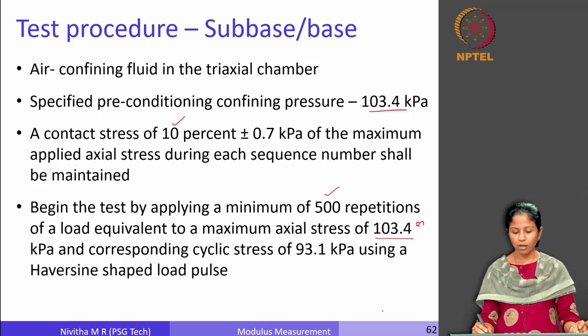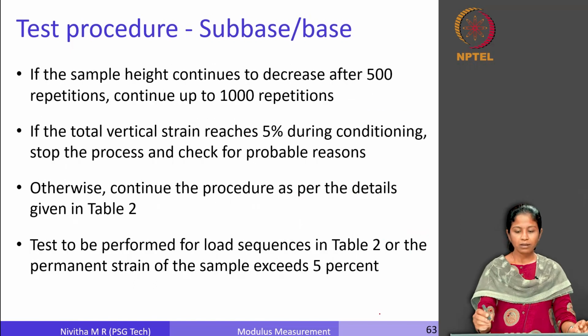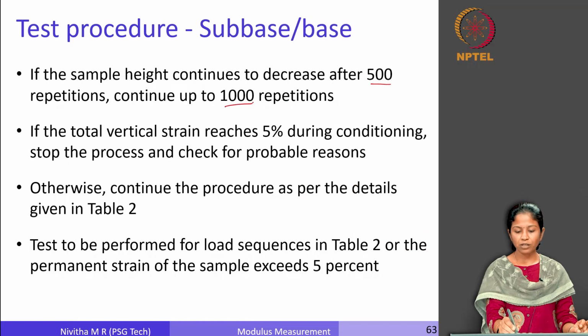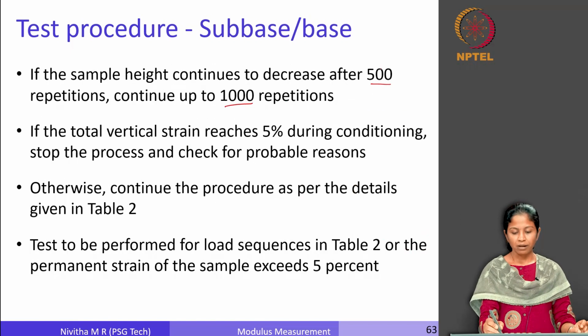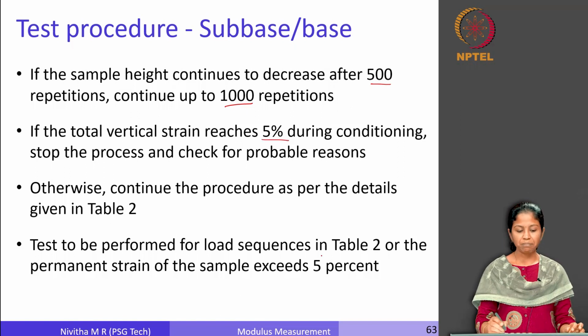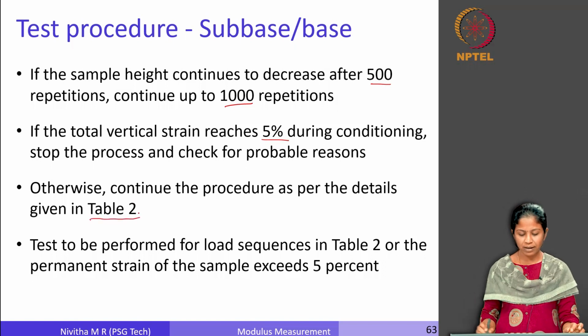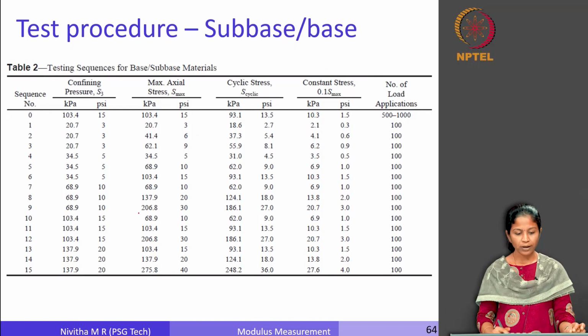Here we have 103 kilopascals. If we do not reach the resilient state in 500 cycles, we continue up to 1000 cycles, and at any point if it reaches 5%, we stop it. Then the test sequence is given in table 2 of this particular code.